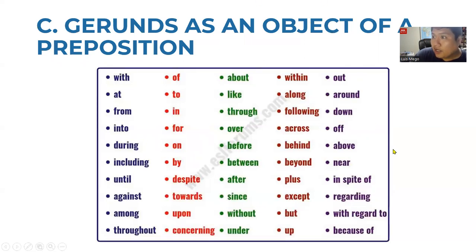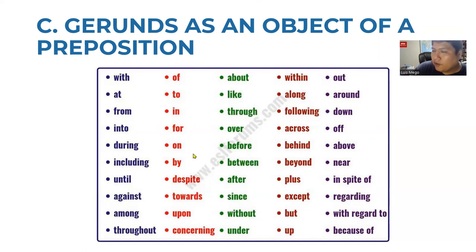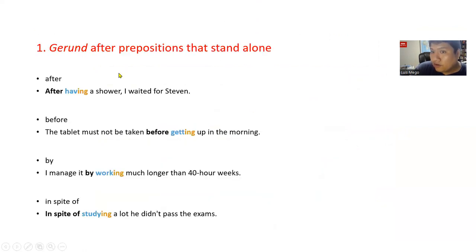Now, gerunds as an object of a preposition. As you can see here, you have a lot of prepositions, right? Like with, at, from, into, during, including, until, etc. So after these prepositions, the verb becomes a gerund. After having.